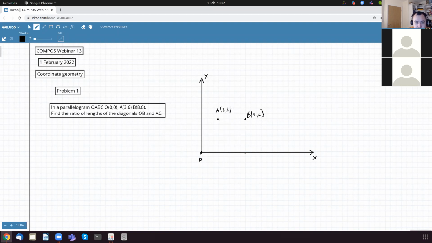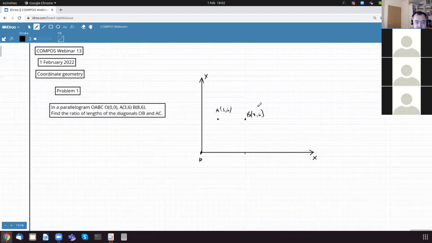There's no option to put C here, for example, because BC has to be parallel to OA. So it can either go this way or this way. You can't place a point C here, so C has to be here. So C has coordinates 5, 0. And here's our parallelogram.